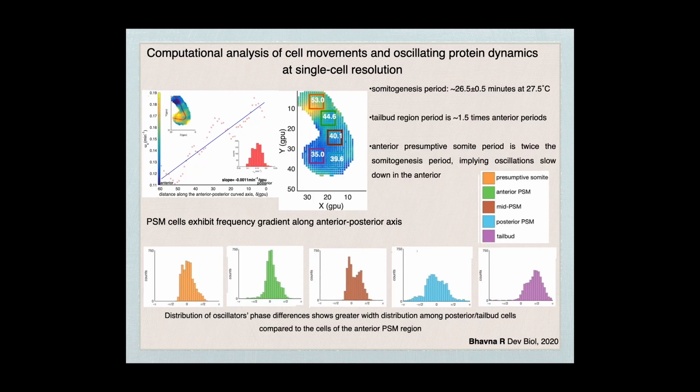The coupled frequency profile varied along the posterior-anterior axis, and consequently spatially distinct periods were observed as shown here. The distribution of oscillators' phase differences showed relatively greater width in the tailbud PSM compared to the presumptive anterior somite.